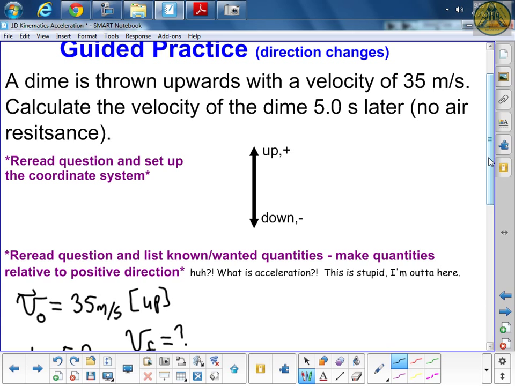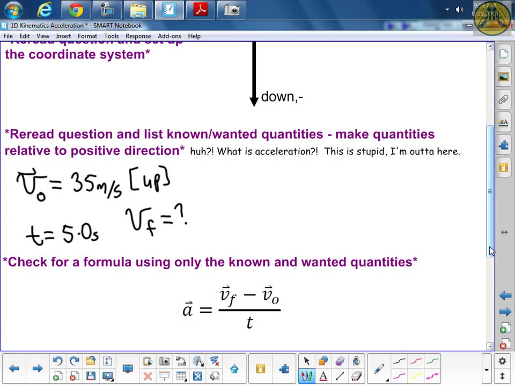So we need to write down that the acceleration is negative 9.81 meters per second squared. And that's relative to going up. It's in your handbook. It's just a number we're going to use all the time. That's the acceleration of gravity for something moving through the air, with no air resistance.